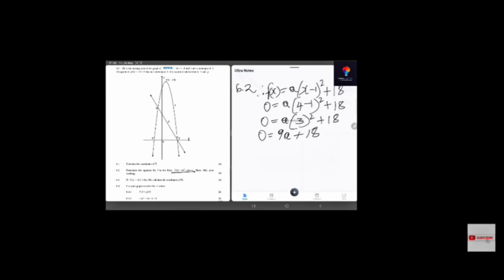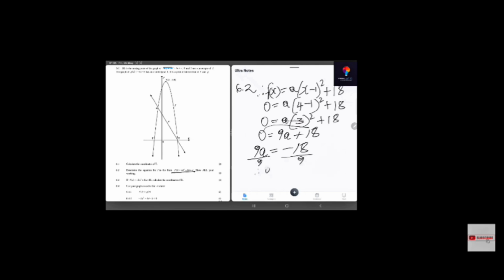For us to get the value of a, we're going to say 9a is equals to minus 18. We have taken this 18 to the left, it becomes negative. Minus 18 is equals to 9a is the same as 9a is equals to minus 18. For us to get the value of a, we divide by 9.